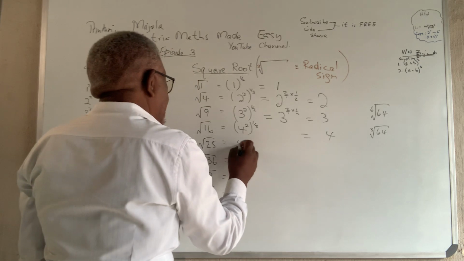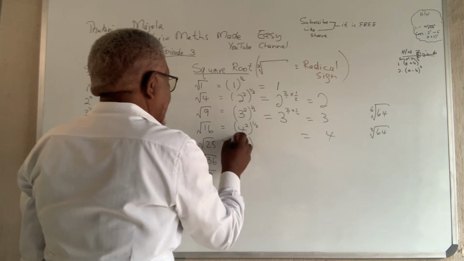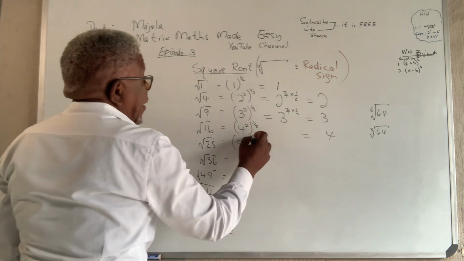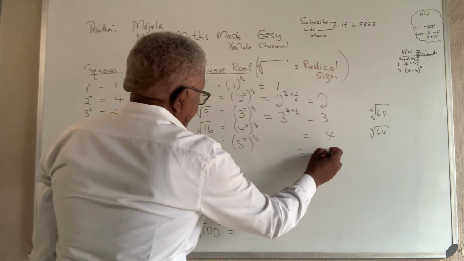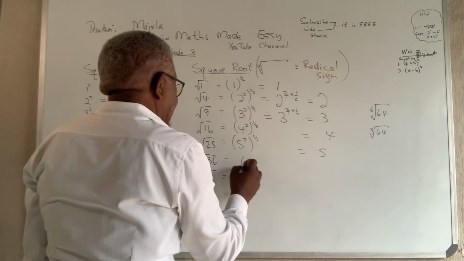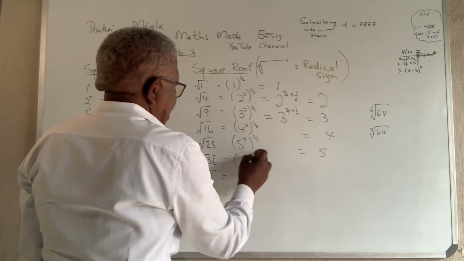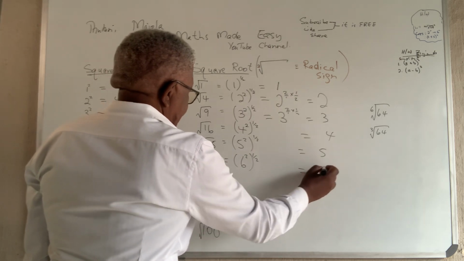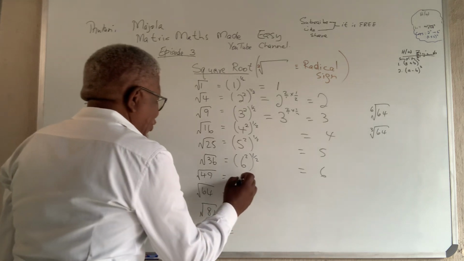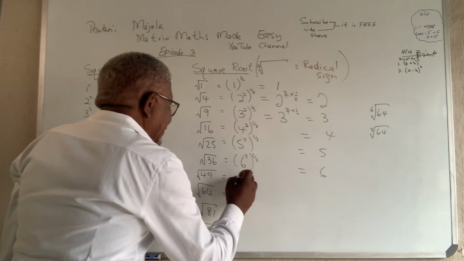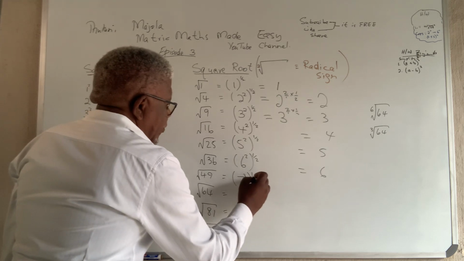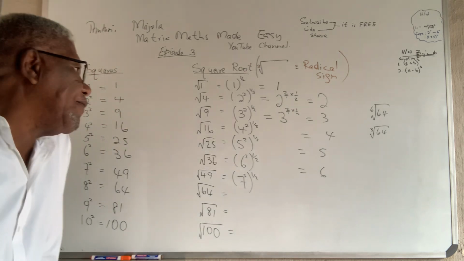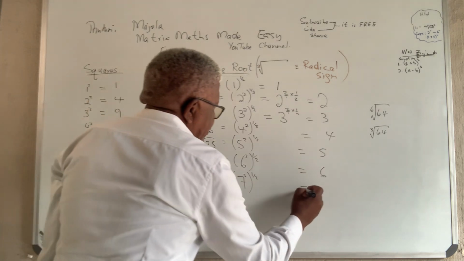And then the square root of 25 is 5 squared to the half, which equals 5. The square root of 36 is 6 squared to the half, which equals 6. Square root of 49 is square root of 7 squared, which is 7 squared to the half, which equals 7.